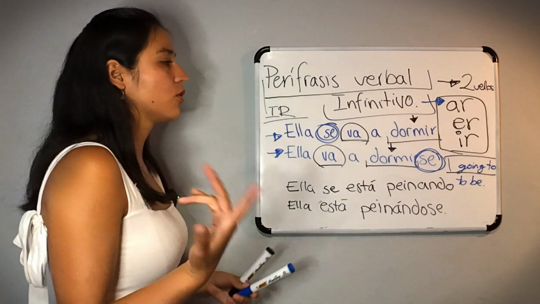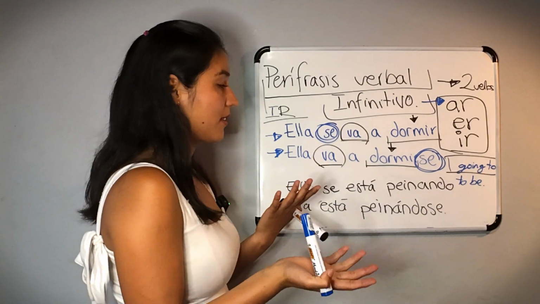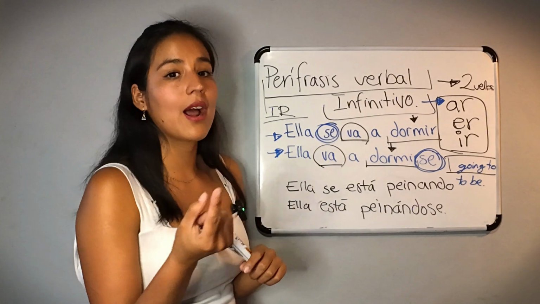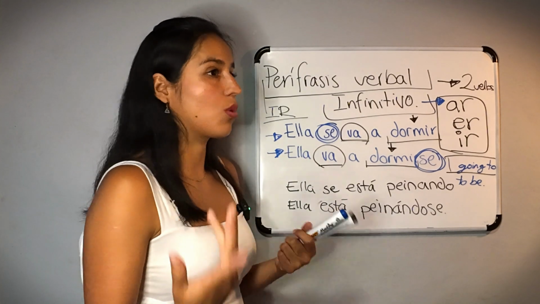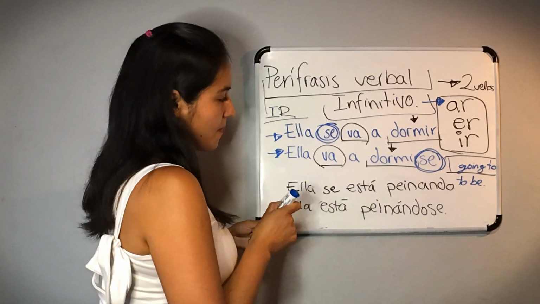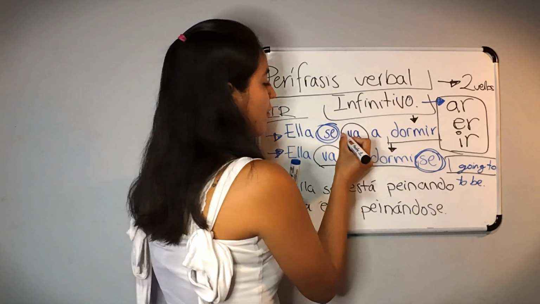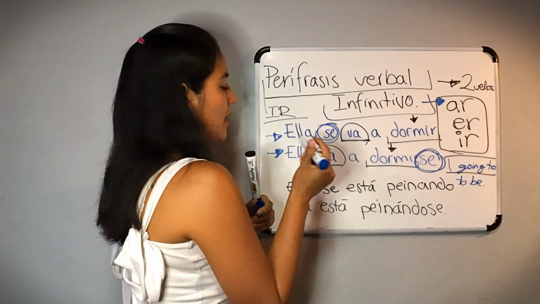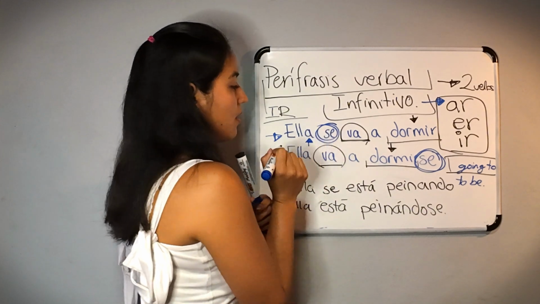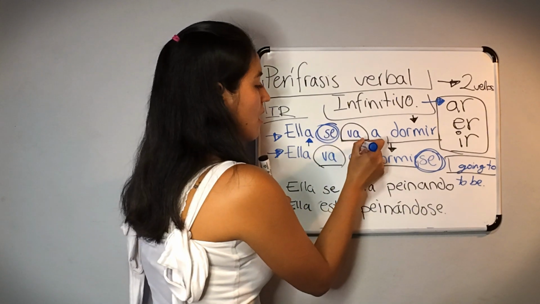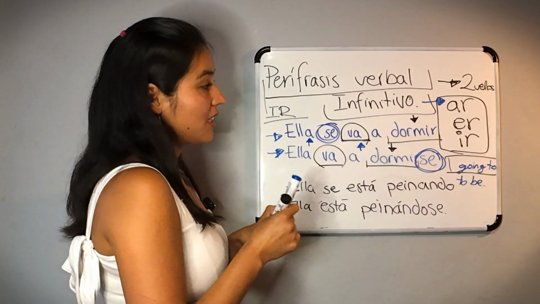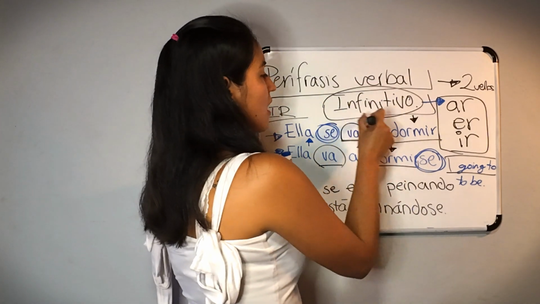So when you have two verbs, a perífrasis verbal, you have the option to use it before or after. Before or after what? Before the first verb, meaning between the person who is doing the action and the first verb, or after the infinitivo.